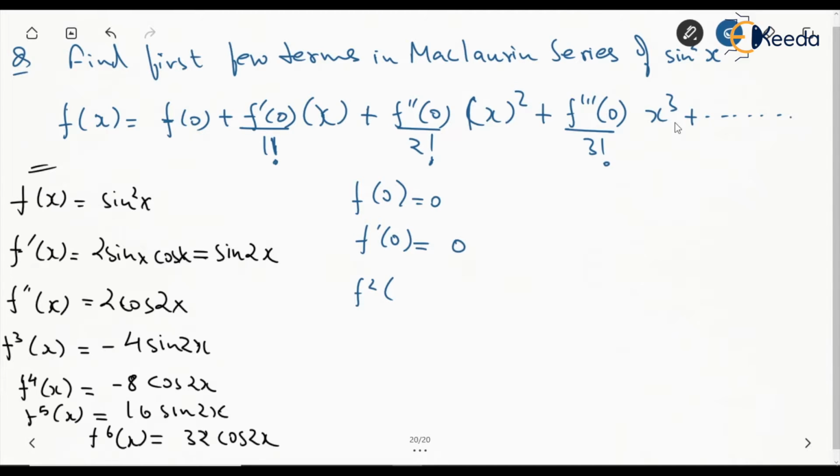Second derivative, this will be 2. Third derivative will be 4 sine 2x, so this is 0. Fourth is minus 8. Fifth one is 0. And sixth one is 32.